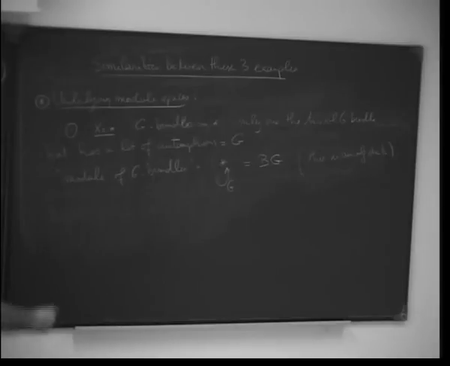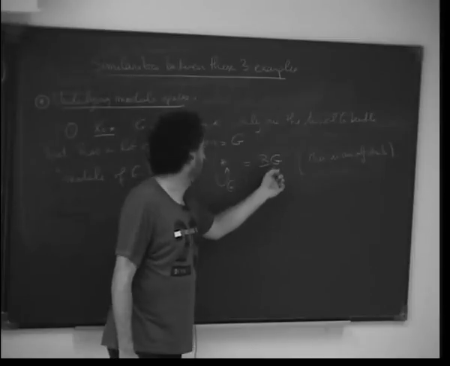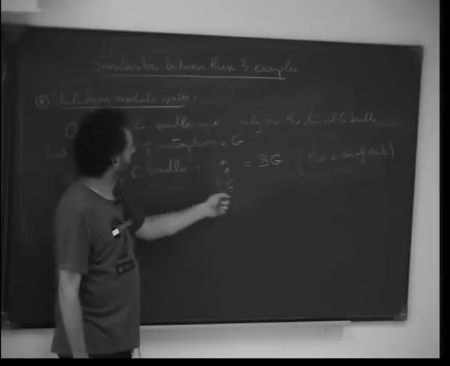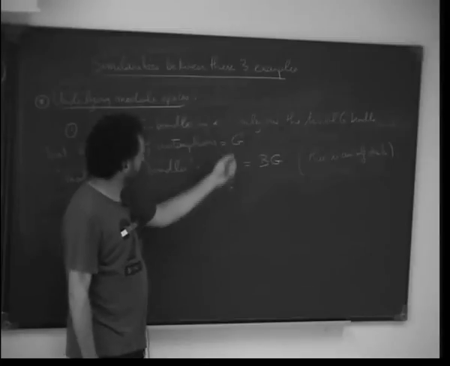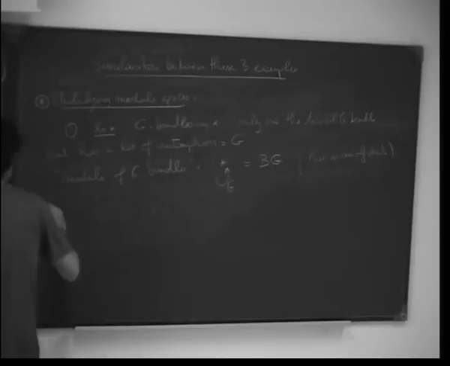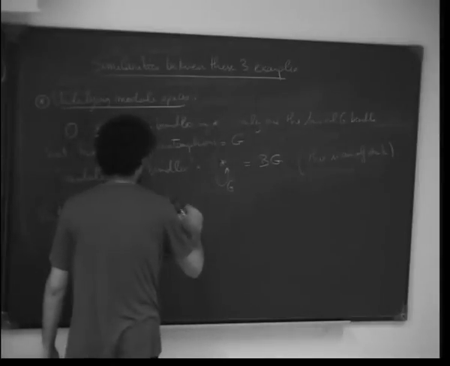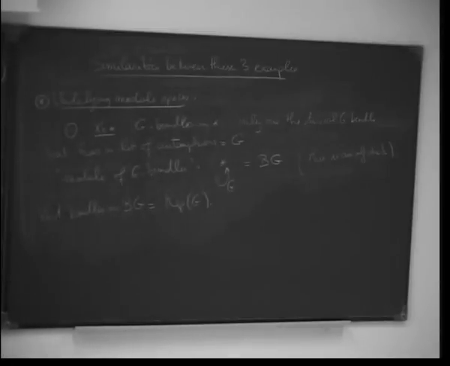Now, the interesting comment is that if I take vector bundles on this moduli space, so vector bundles on the point is just a vector space, but now I really want to keep track of this action of G. So I really want to look at G-equivariant vector bundles on the point, which are nothing else than the representations of G. So if I look at vector bundles on BG, this is Rep G. Or instead of vector bundles, I could take coherent sheaves.